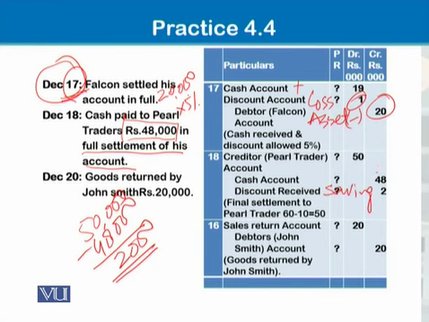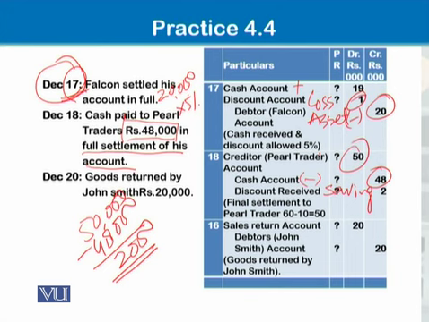We are settling our account in full by paying 48,000. So cash reduces, credit 48,000, and the full amount of liability is no more on us. Therefore, creditor would be debited with 50,000, cash account would be credited with 48,000, and discount received is 2,000.